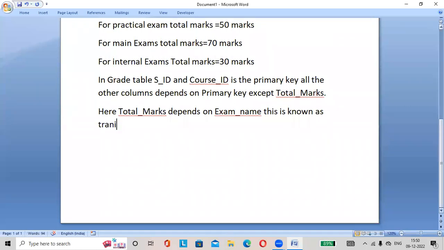This is known as what? Transitive dependency.